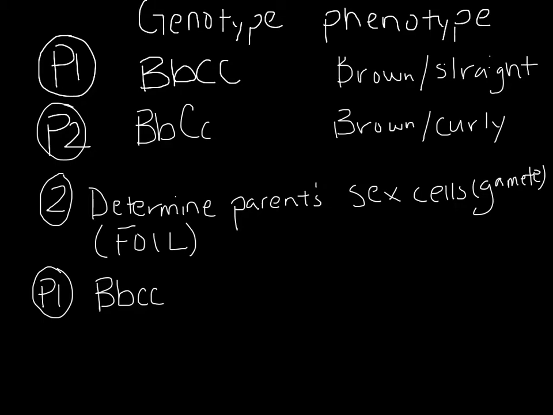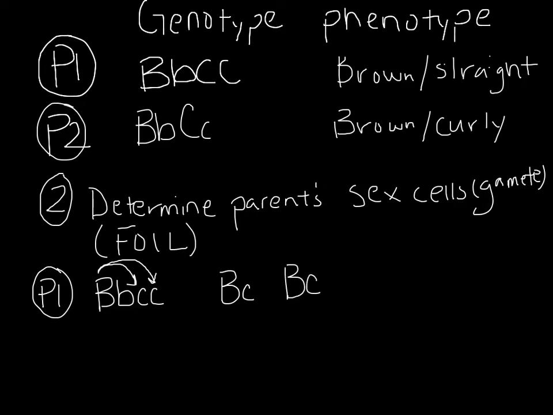Remember, the F in FOIL stands for first. So I'm going to take the first letters of each trait. That would be big B with little c. I'm going to write that over here: big B, little c. All right, that's F. O in FOIL stands for outside. That's going to be the outer letters of my genotype. So that's going to be big B with little c.